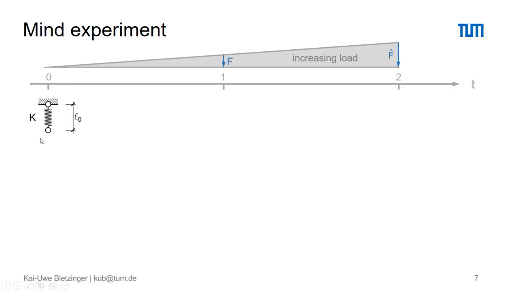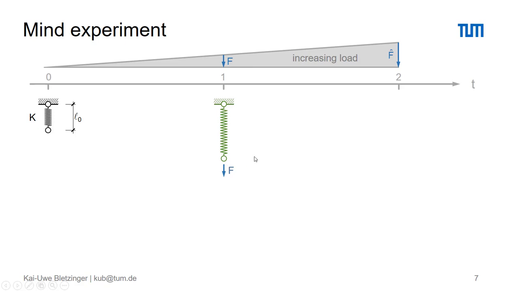Then we increase the force, which we apply at the bottom, from the initial state, let's call it state 0, to a final state, I call it state 2, where we just reach the intended load F hat. And we have an intermediate state in between, where we have increased the force but not yet reached the final state. If you look at this intermediate state, we observe what happens when we have increased the force.